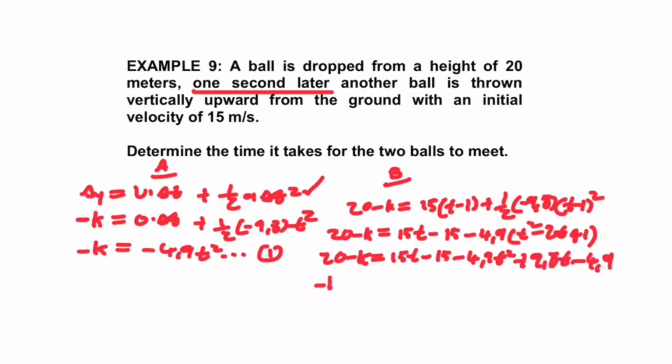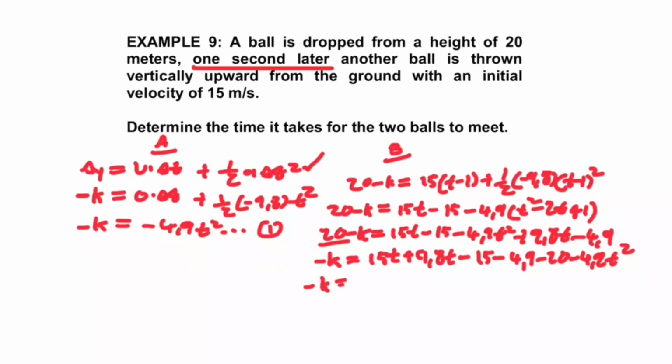So minus k will equal 15t plus 9.8t minus 15 minus 4.9 minus 20. We're taking this from the left hand side to the right hand side. And lastly, minus 4.9 t squared.